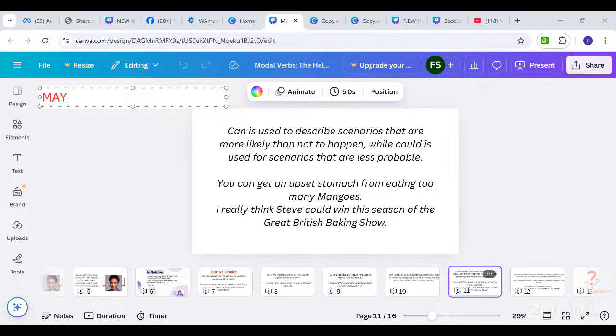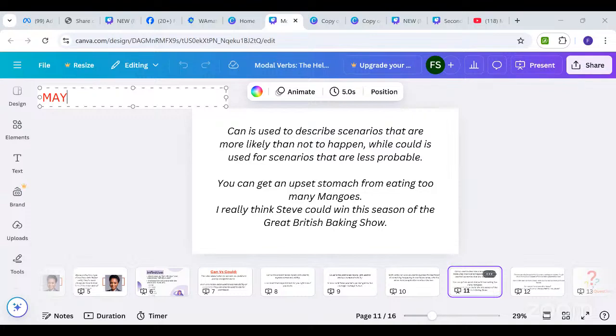We also use may to ask permission. For example, may I come with a guest? You're requesting permission. But then could is best used when you can use can, but in its past form.